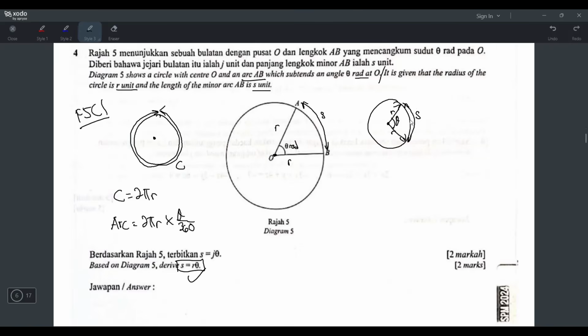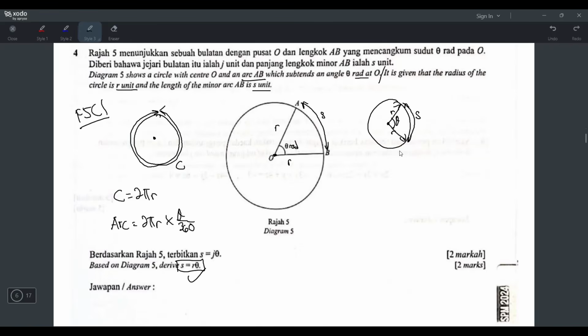You understand, right? So that means the radius r is actually the constant. And then the S will always be directly proportional to theta. So what it means?